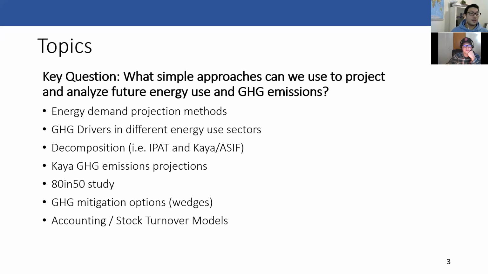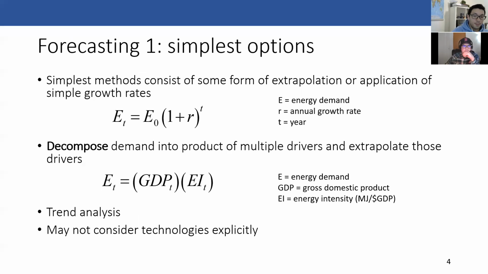And lastly, we'll talk about accounting and stock turnover models. This is probably most closely related to some of the diffusion models that we were talking about before, in the sense that we'll be talking about specific technology turnovers.